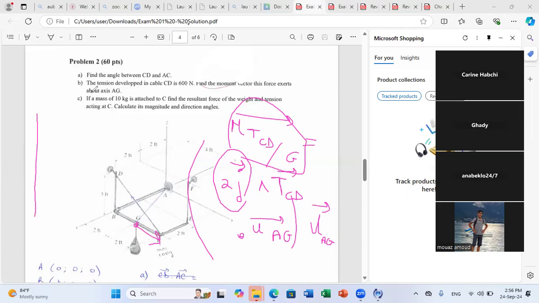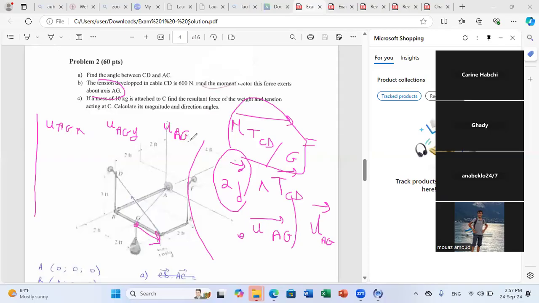I want to do the moment about AG. So the first row will be the unit vector of AG in x, the unit vector of AG in y, and the unit vector of AG in z.